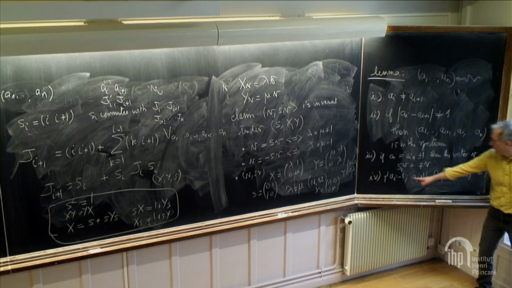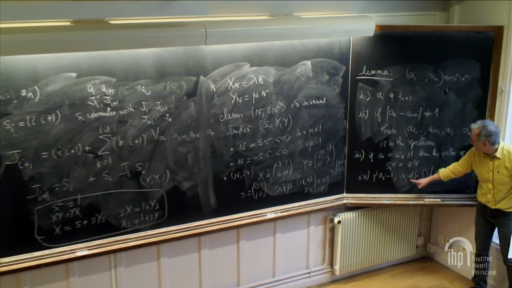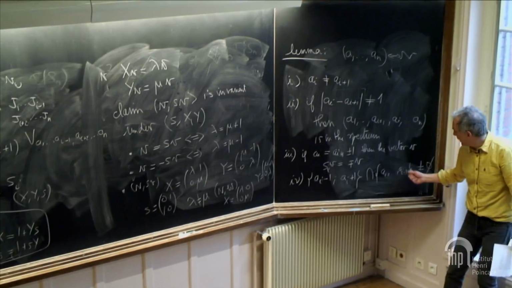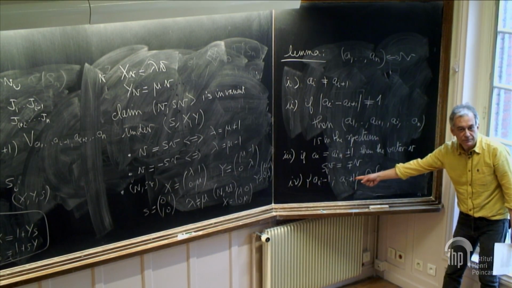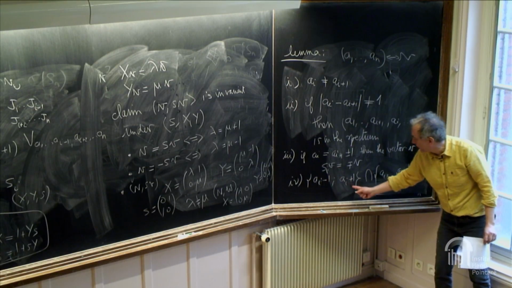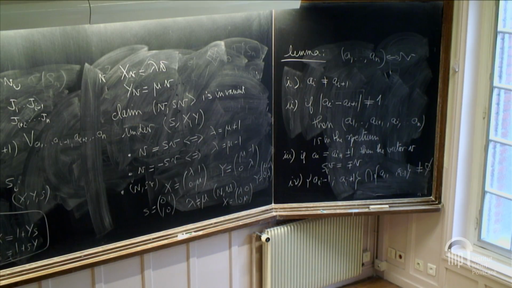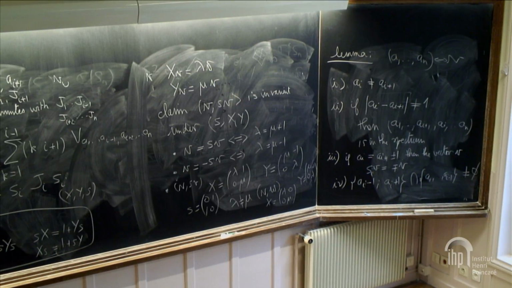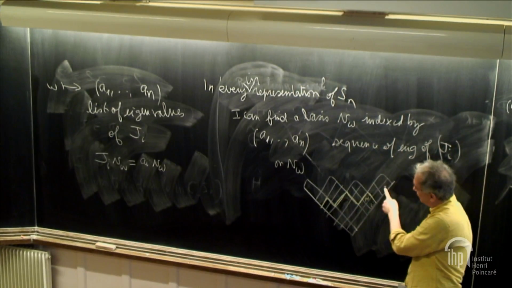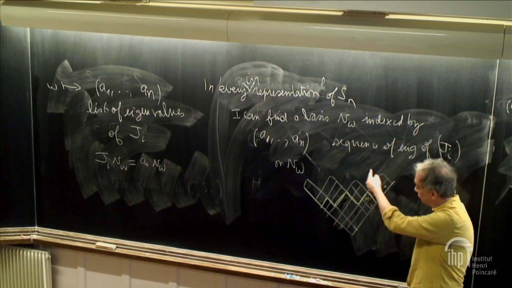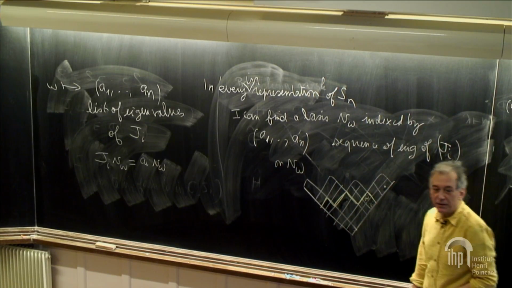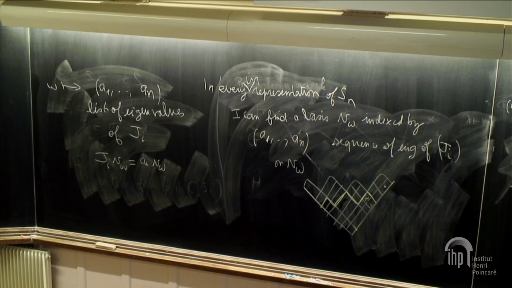What I claim is that if in my list I look at the eigenvalues before a_i, either a_i minus 1 or a_i plus 1 has occurred. Okay, so what does this mean? This means that you cannot get this before at this step because you cannot go too far. Okay, you need to be above your diagram at step i. You can move at most once on the right or on the left when you move. Okay.